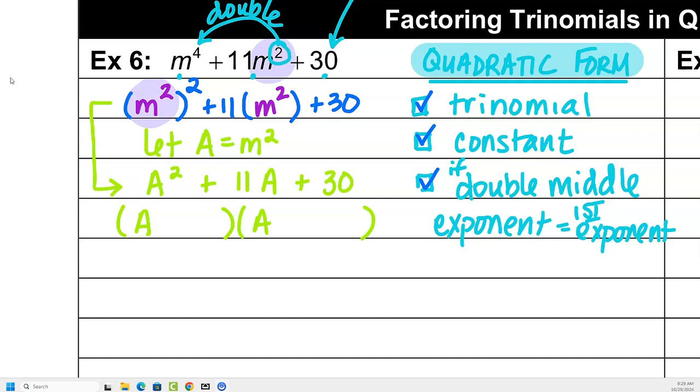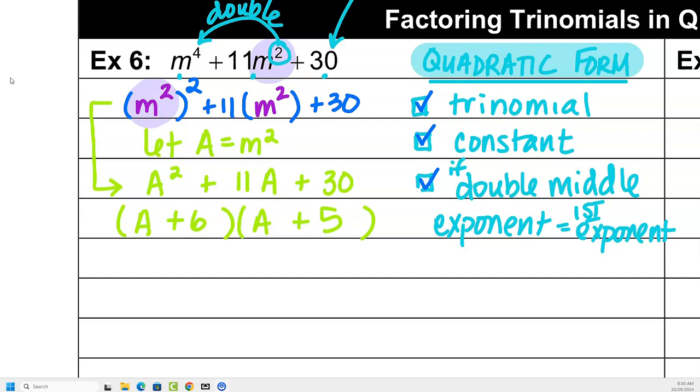Yeah? So I'm going to add 6 here, add 5 there. Are we good with that? Okay, I can't factor what I have there in green further.